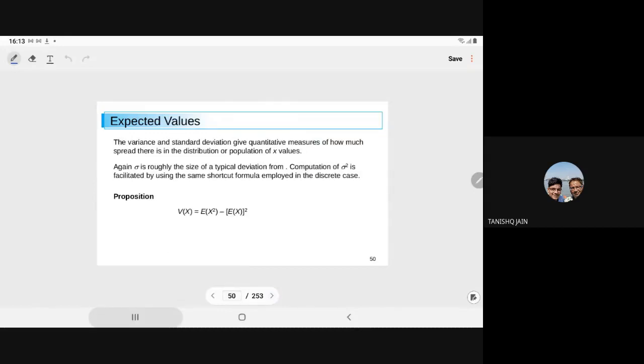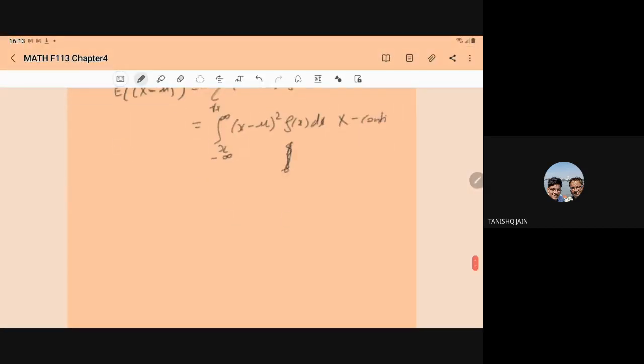But in general we do not use this formula for computing the variance. The continuous random variable also follows this computation, that variance of x can be derived by this approach: expectation of x square minus the square of the expectation.